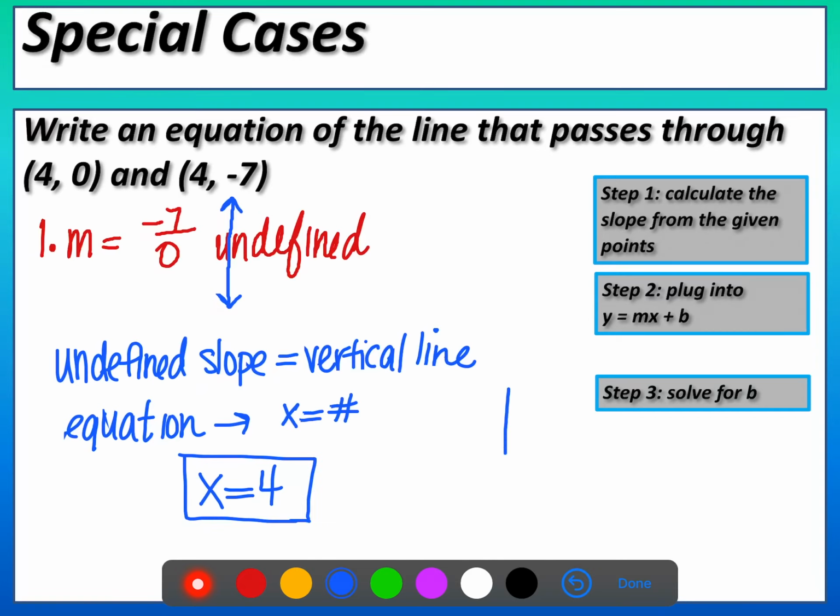Okay, you could also get a visual of this if you plotted both of those points. There's (4, 0), and (4, -7) would be somewhere down here. So you'd have to think, well, how could I get a line that goes through both of those points? And you could see here that it would have to be vertical, and a vertical line is x equals.